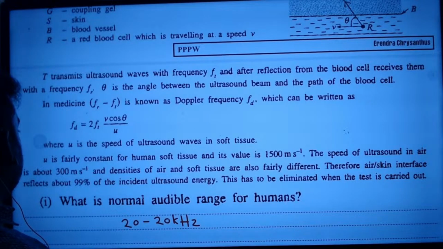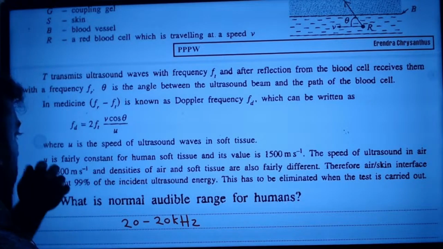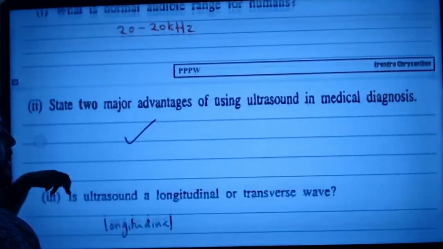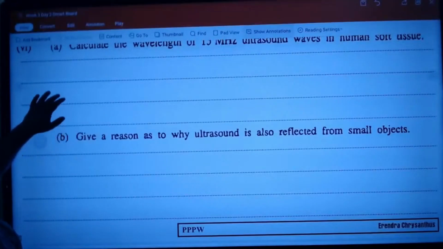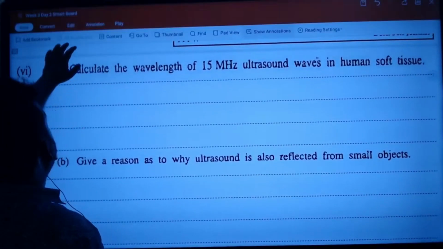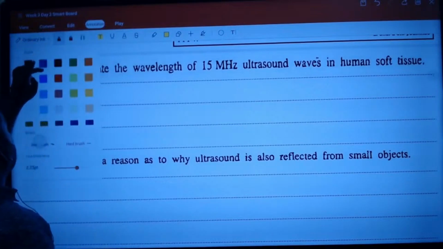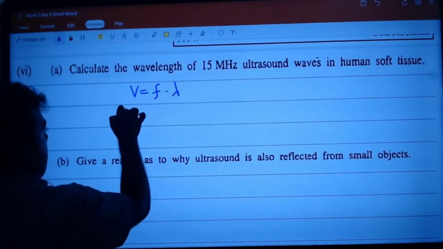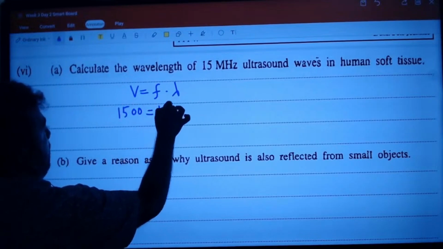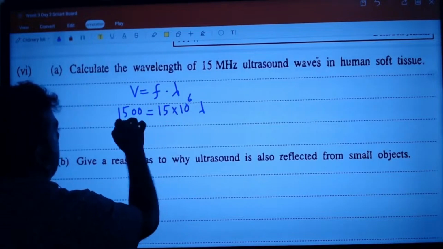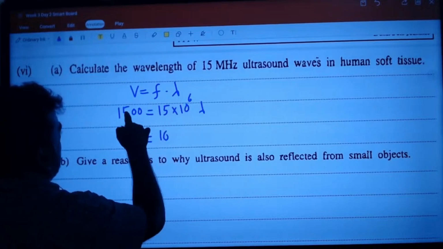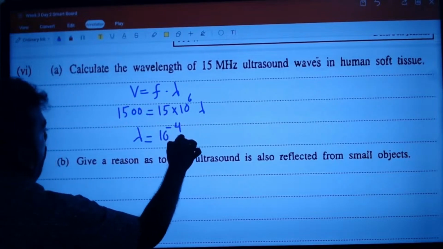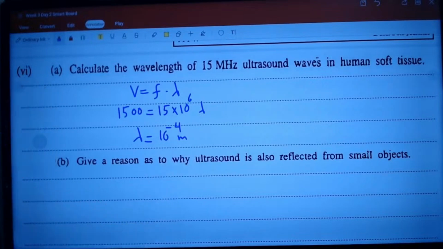Therefore, the skin interface reflects about 99% of the incident ultrasound. If you simplify it, v is equal to f lambda. In human soft tissue, 1500 equals 15 mega times lambda. Lambda is 10 to the power minus 4 meters.